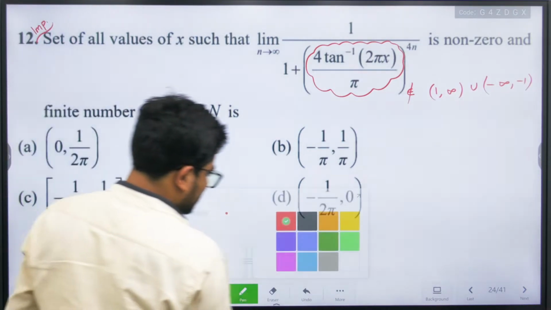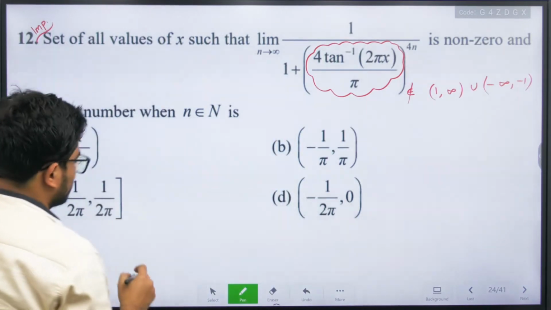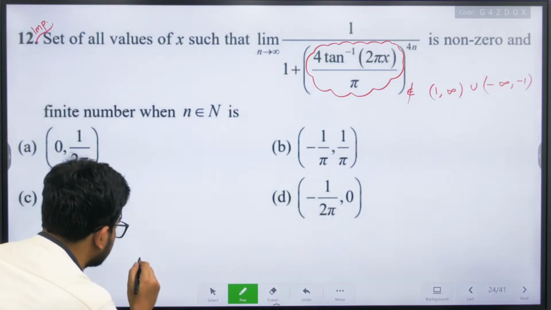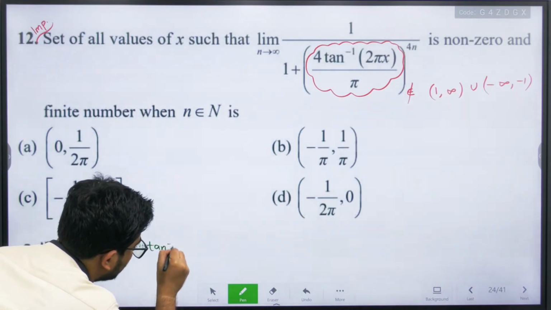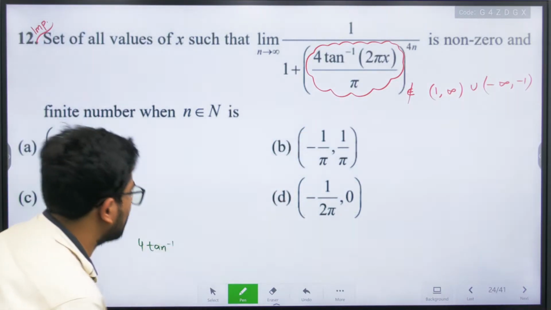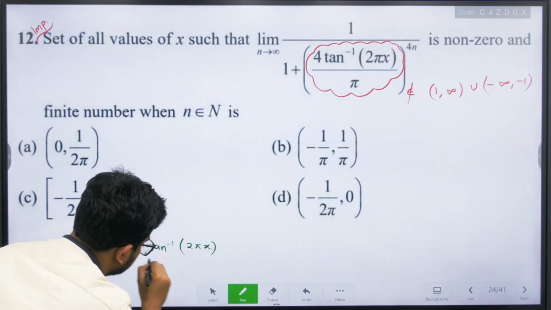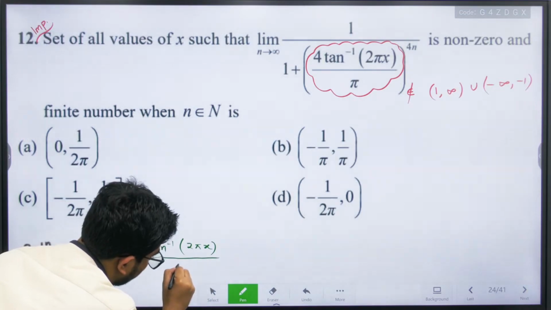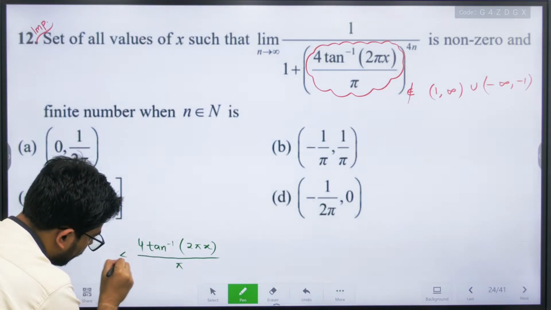So clearly we can say from here, 4 tan inverse 2 pi x by pi belongs to minus 1 to 1.